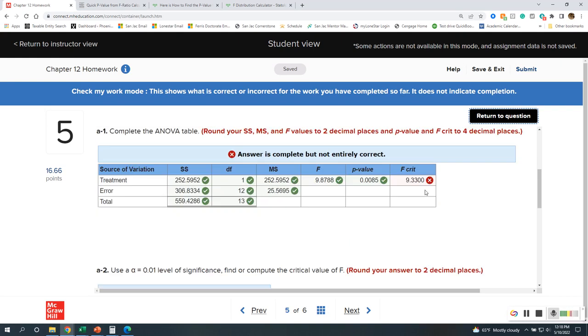So they want to be a little bit more. So we're going to have to go a little bit more in depth, which is interesting.